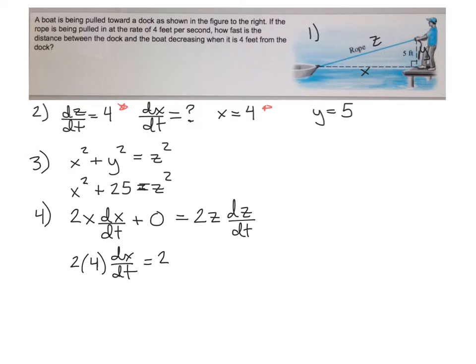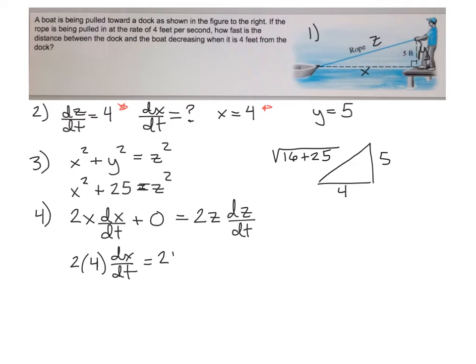Now, we don't have z written up here, but we really can find z because what we have is a length of 4 and a height of 5, and then we can find z by taking the square root of 4 squared, which is 16, plus 25. And so, what is that? 41.